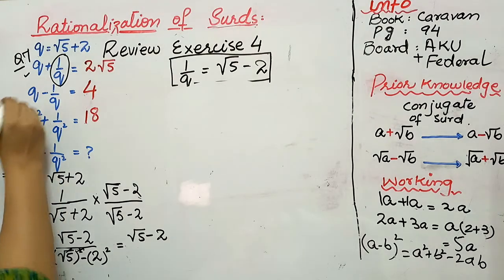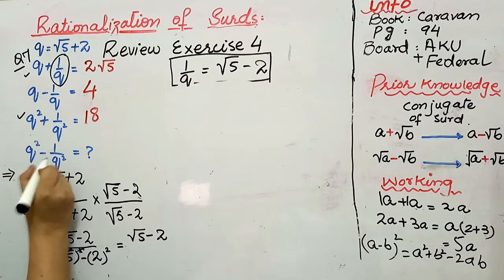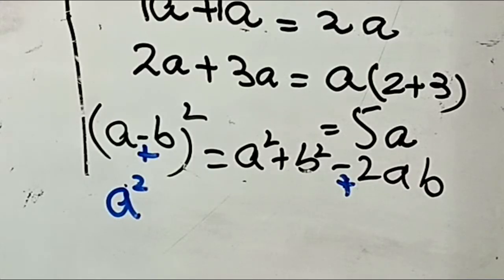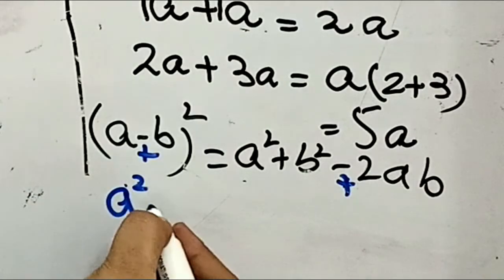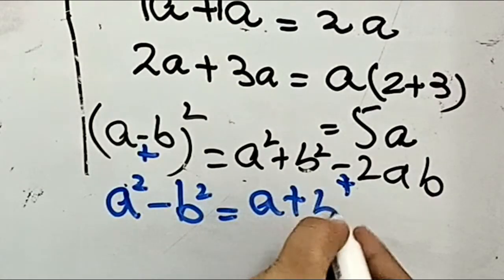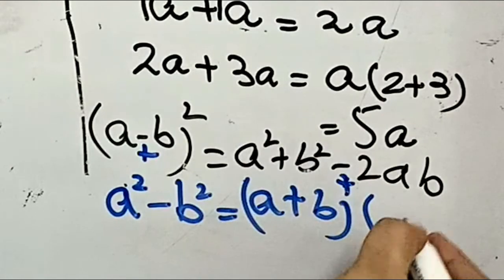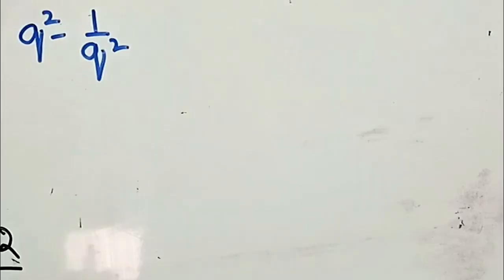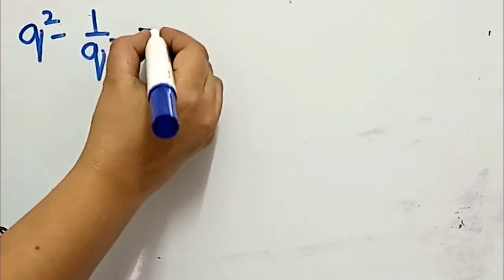Now at the end we have to find the value of Q square minus 1 upon Q square. We remember that formula: a square minus b square is equal to a plus b into a minus b. So here we will apply this formula.